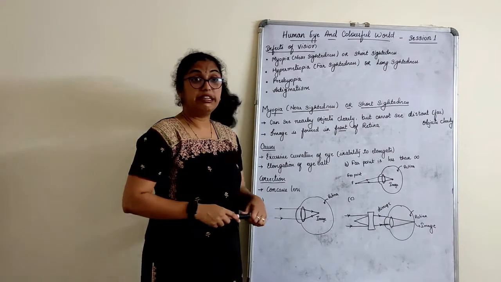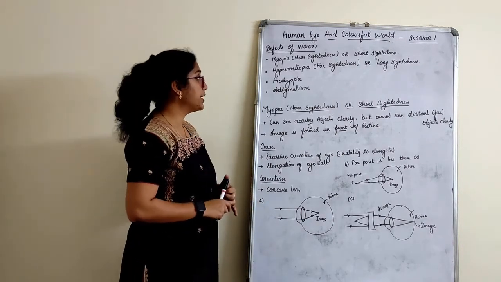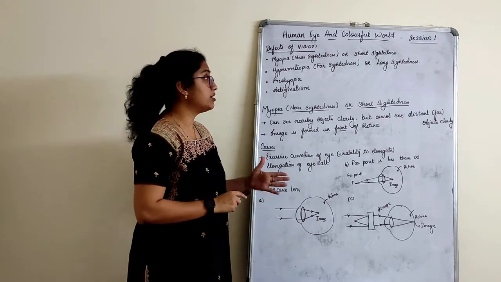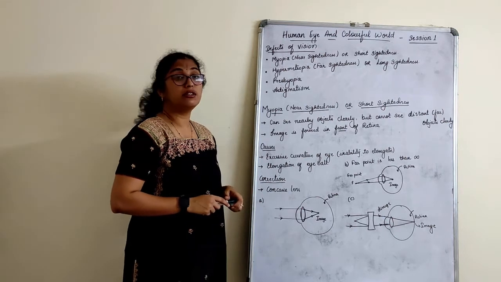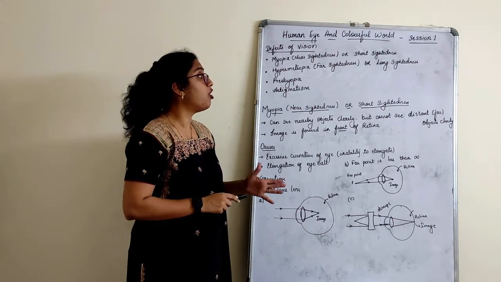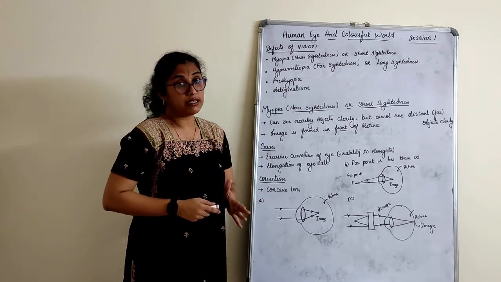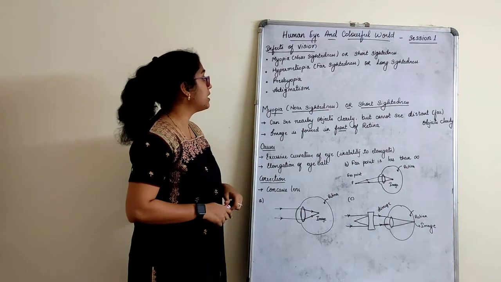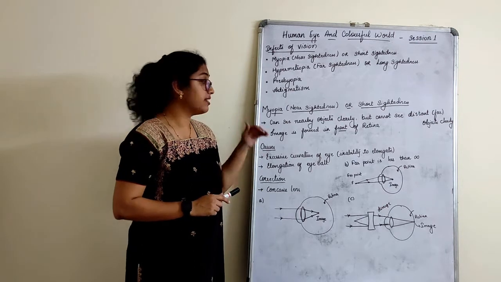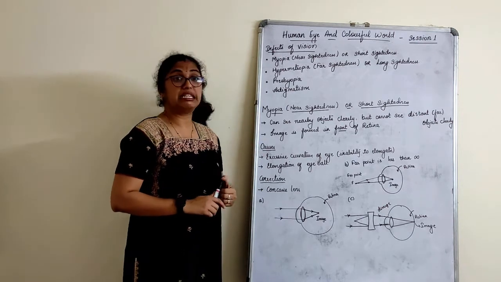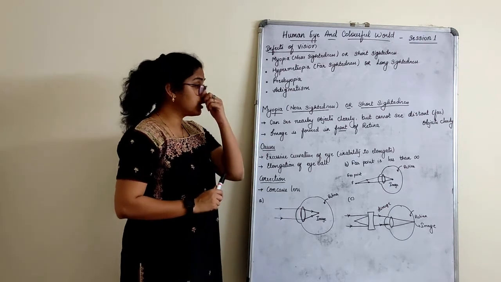So these are the defects of vision: myopia, nearsightedness, also called short-sightedness; hypermetropia, known as far-sightedness, also called long-sightedness; presbyopia and astigmatism. Let's understand this in detail. The first one, myopia, that is nearsightedness or short-sightedness.